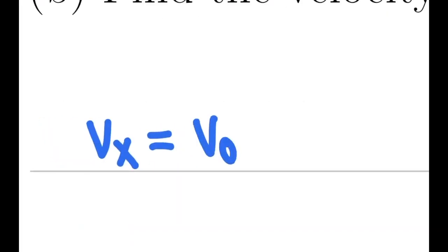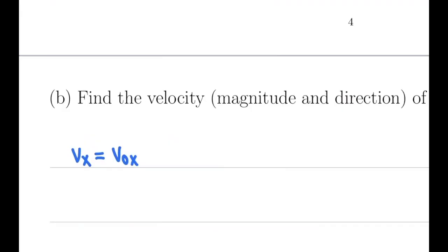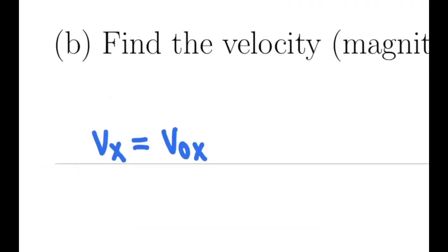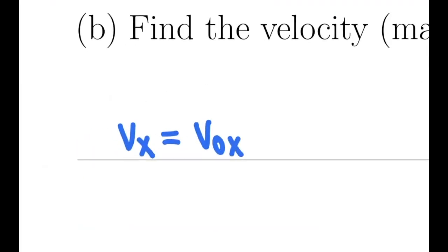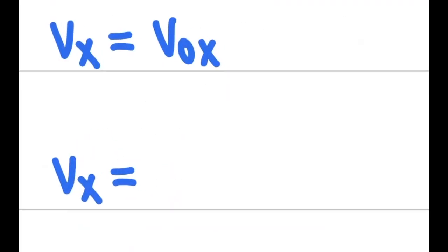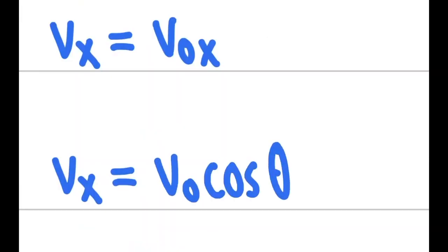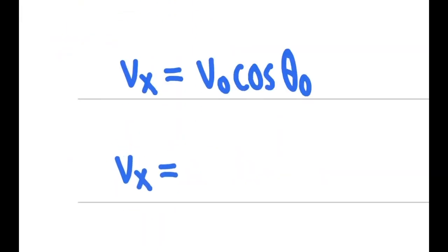So the final velocity is the same as the initial velocity because in the x direction, there's no acceleration. And we know the initial velocity is just v naught cosine theta naught. So we just gotta plug everything in.